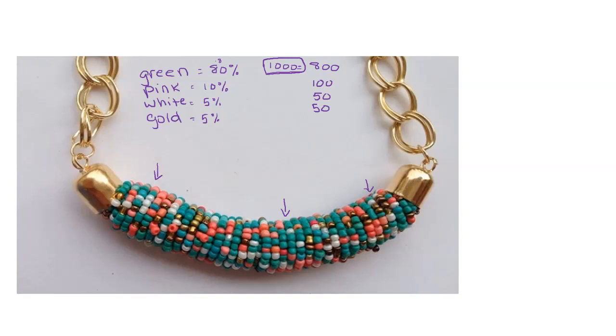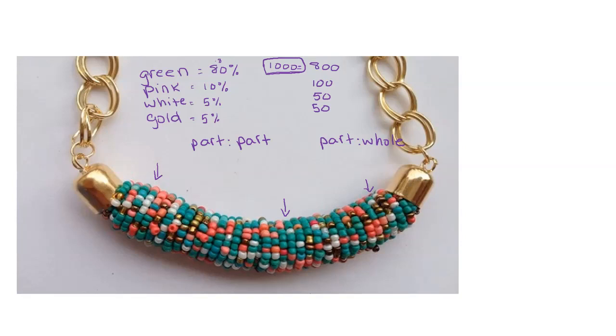Now, if we were going to write this as a ratio, we could do it in two different ways. Remember, there's part to part, and then there's part to whole. So that's the tricky part about understanding ratios is, are they talking about part to part, or are they talking about part to whole? So if I said, let's talk about part to part for a minute, what is the ratio of white beads to gold beads?